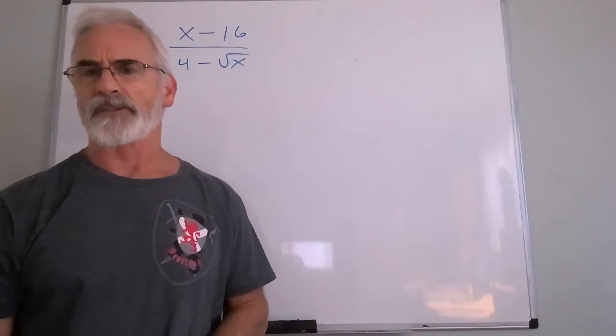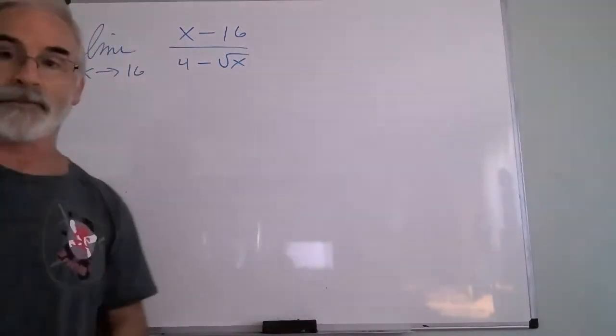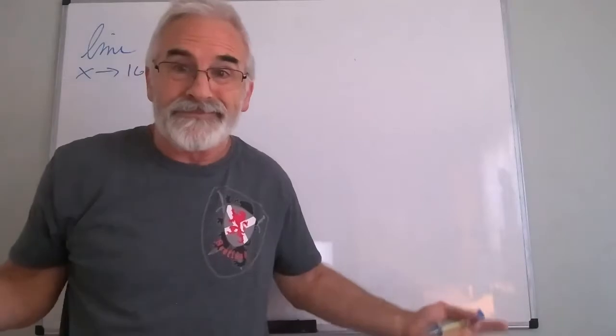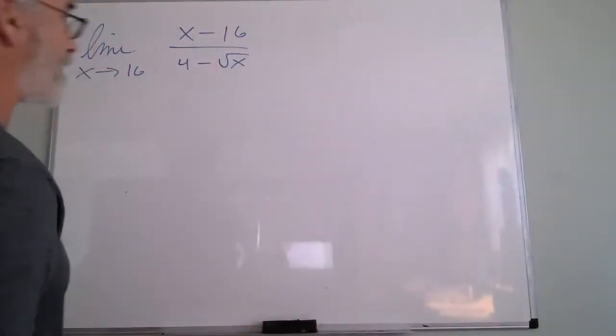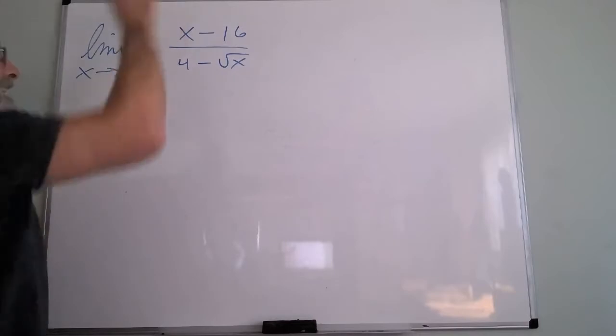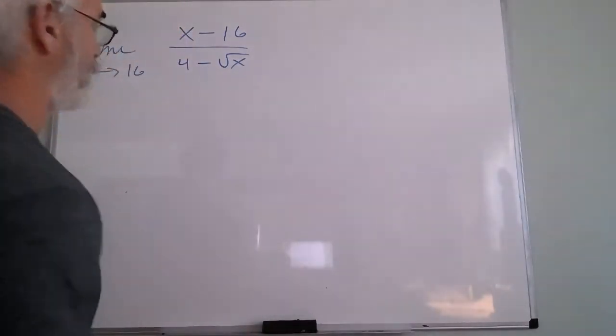Problem is, this is not a rational function. This is not a quotient of polynomials because I have a square root on the bottom. That means there's really no factorization to take place. Darn. What I really want to do is I'd like to get the x minus 16 out of the problem. That would be great, but I've got a root.